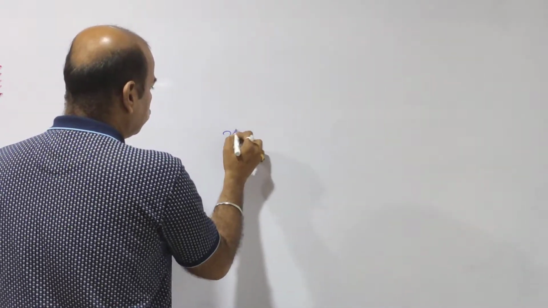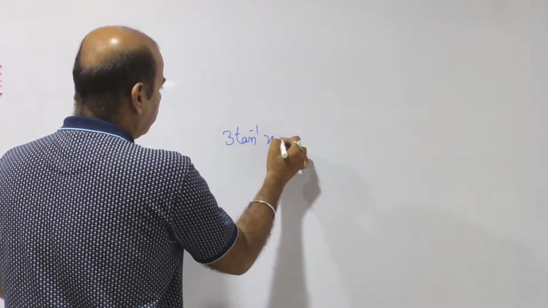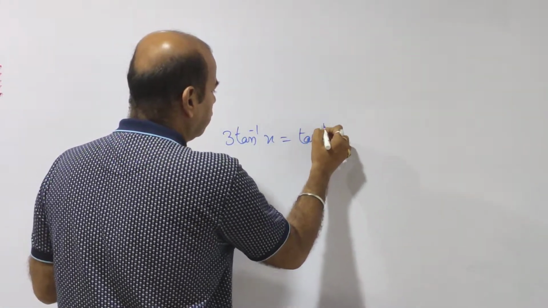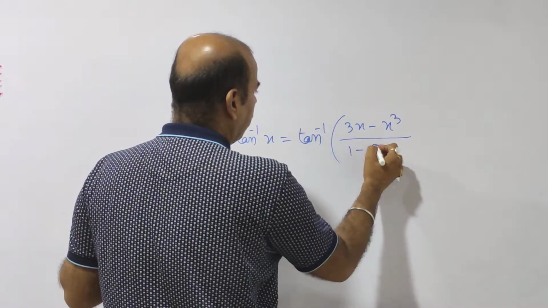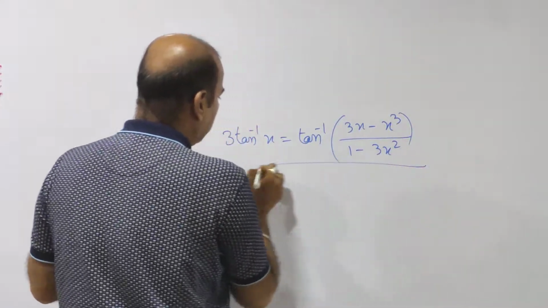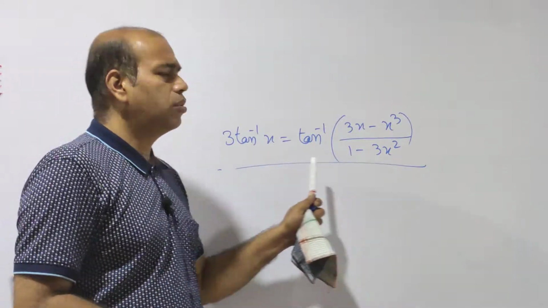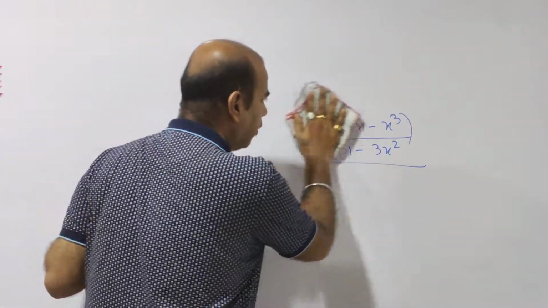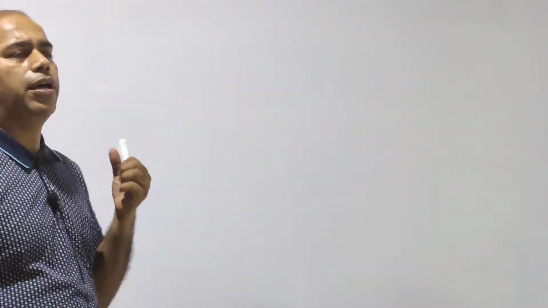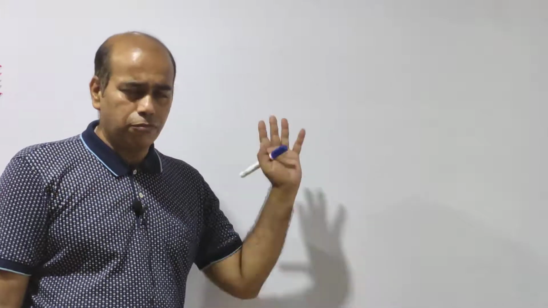If I write 3 tan inverse x, the formula is tan inverse 3x minus x cube by 1 minus 3x square. So this is the formula for 3 tan inverse x, the same way how we get it by tan 3 theta. Tan 3 theta formula is what? 3 tan theta minus tan cube theta whole thing by 1 minus 3 tan square theta. So I suppose I am clear on what I explained out here.